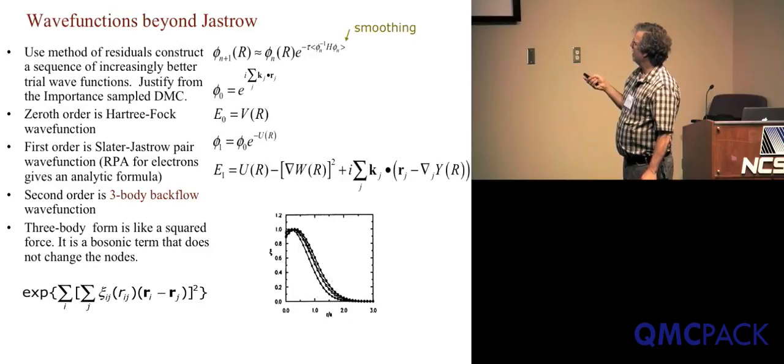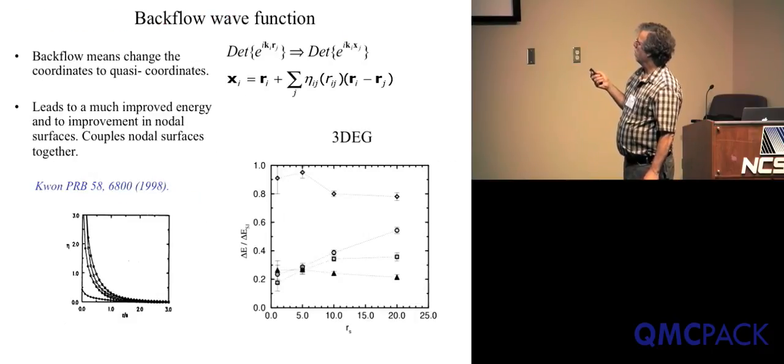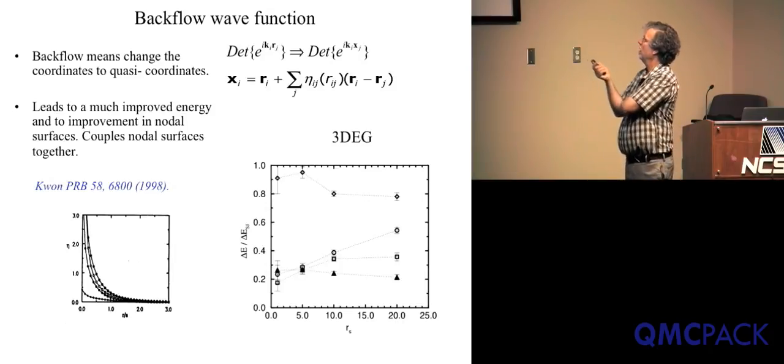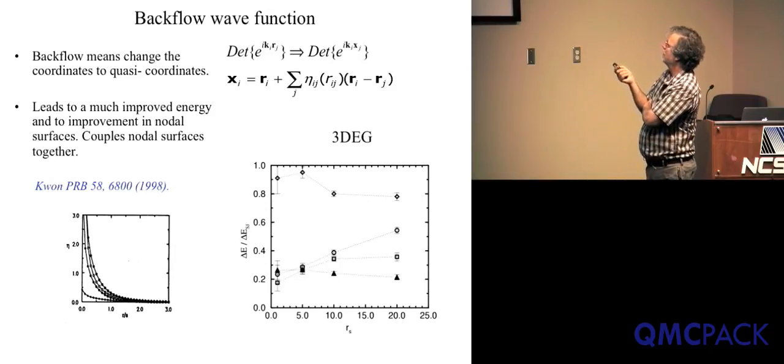Basically, the Slater determinant for the electron gas is a determinant of plane waves that are occupied up to the Fermi wave vector, e^{ik·r}. And if you want to put in correlation, it becomes the same kind of determinant, but the arguments of the plane waves are now dressed electrons.